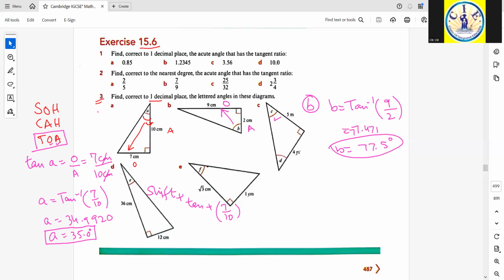Okay, now for part C. If I start from C, the side opposite to C is 4 and the side adjacent to C is 5. So again, angle C can be calculated as tangent inverse of the opposite side divided by the adjacent side. So this will give us, using our calculator on the same pattern, tangent inverse 4 divided by 5, that is 38.659.